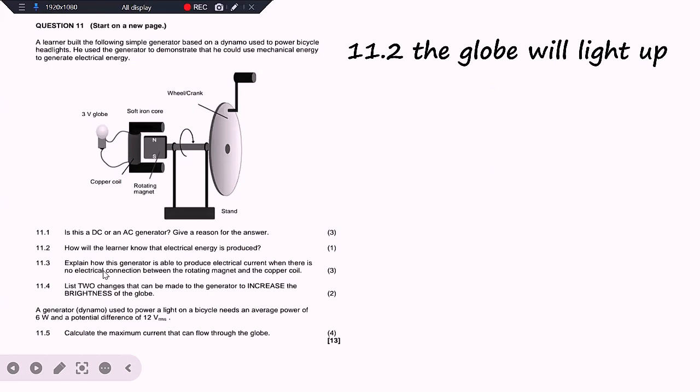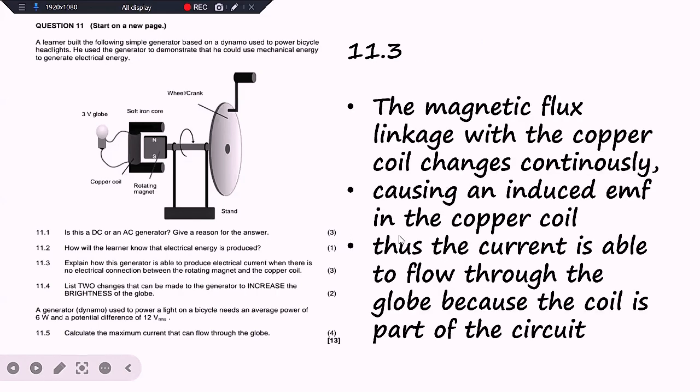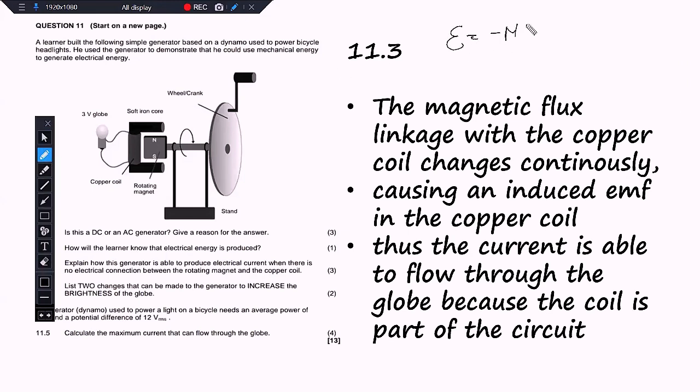Then 11.3 says, explain how this generator is able to produce electrical current when there is no electrical connection between the rotating magnet and the copper coil. So the way you'll be explaining this is based on the principle of Faraday's law of electromagnetic induction, whereby we know that according to this formula here, E is equal to negative N change in phi over delta t.